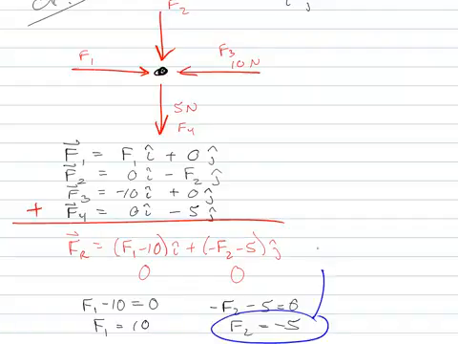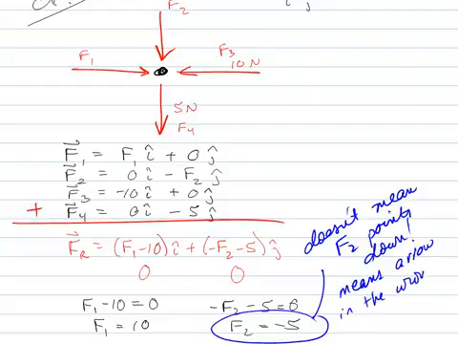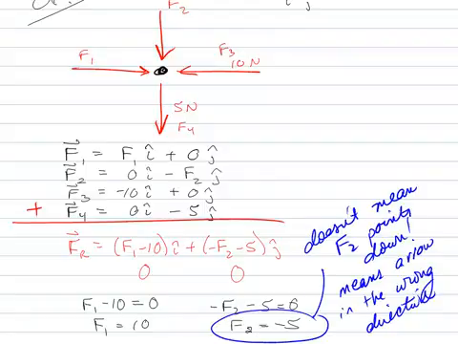This is minus 5. This doesn't mean F2 points down. What it means is your arrow is in the wrong direction. Right? So if F2 equals negative 5, that just means quite literally, my F2 is going down and it should be going up.